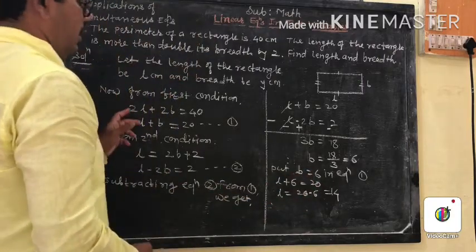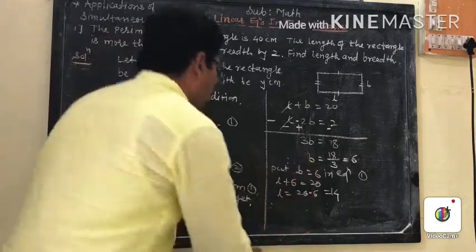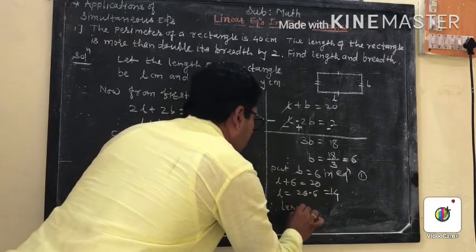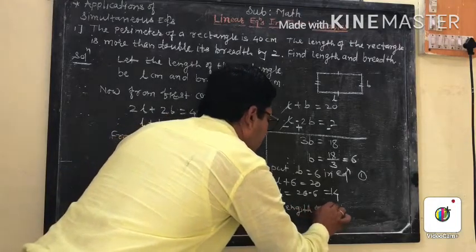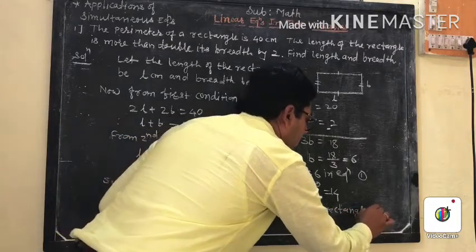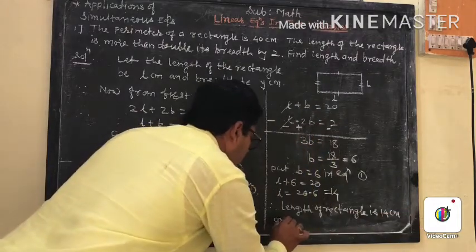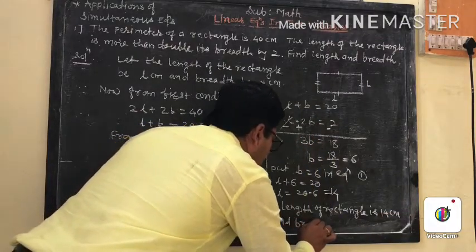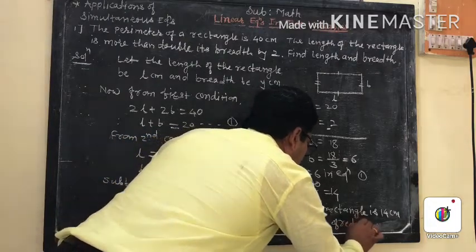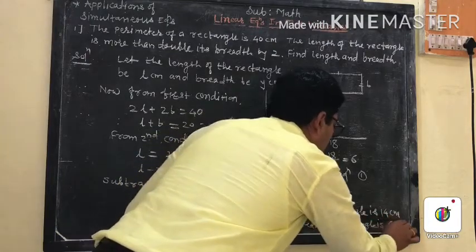These are the length and breadth of the rectangle. Therefore, length of the rectangle is 14 centimeters and breadth of the rectangle is 6 centimeters.